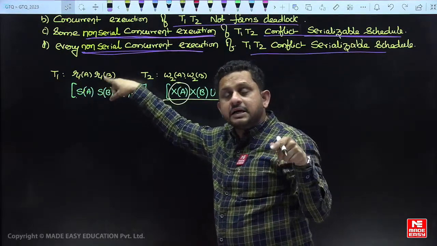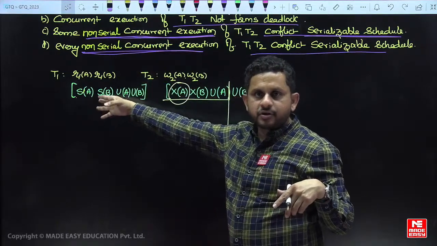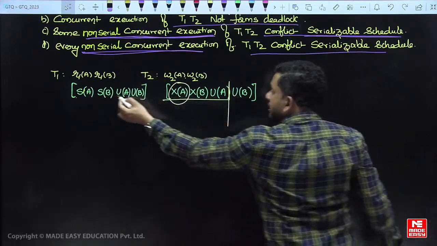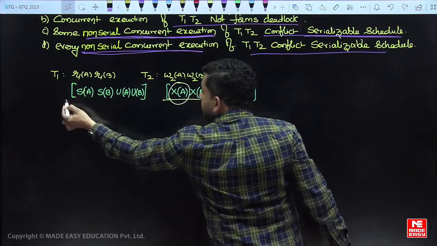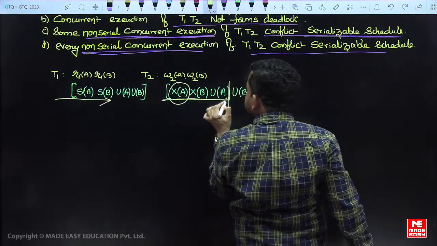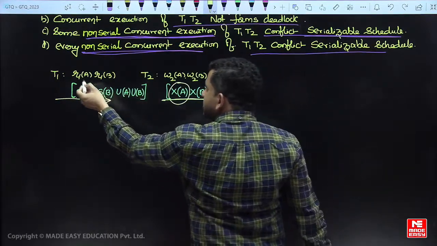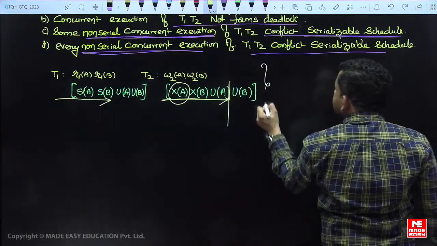That means here T1 is required to wait for T2, but T2 is not required to wait for T1. So if the data items used by the 2PL protocol are locked in the same sequence, A first and then B, there is no chance of forming a deadlock.